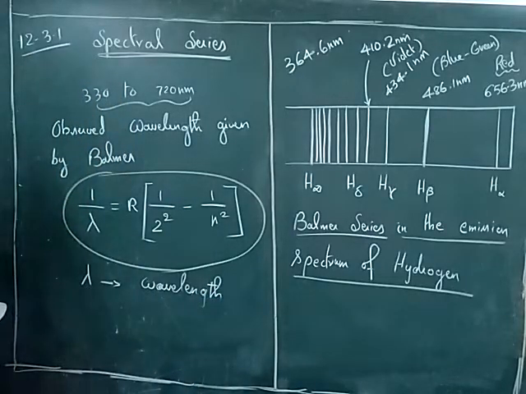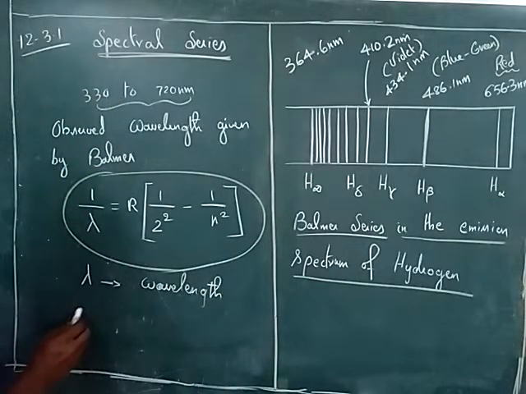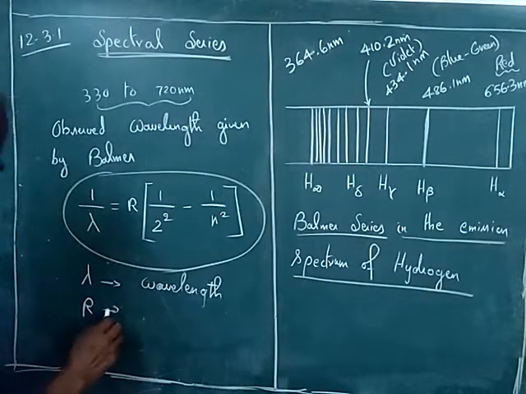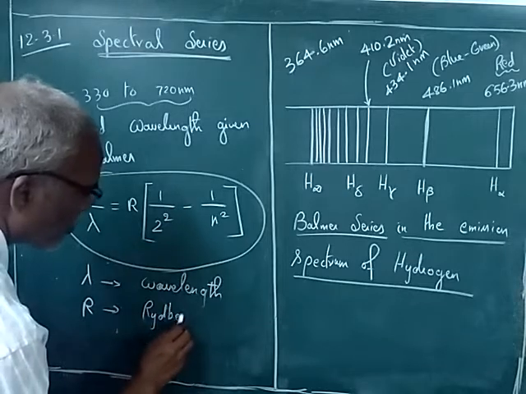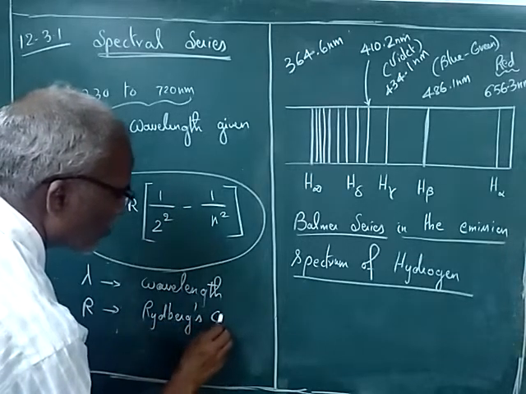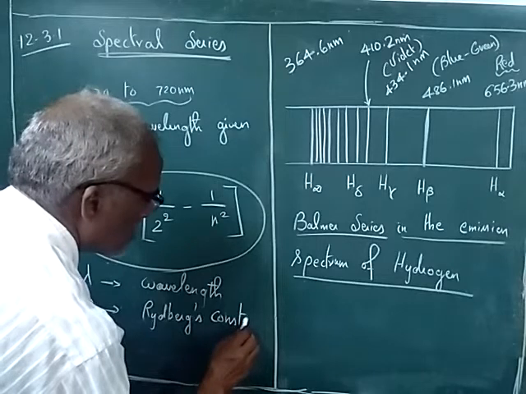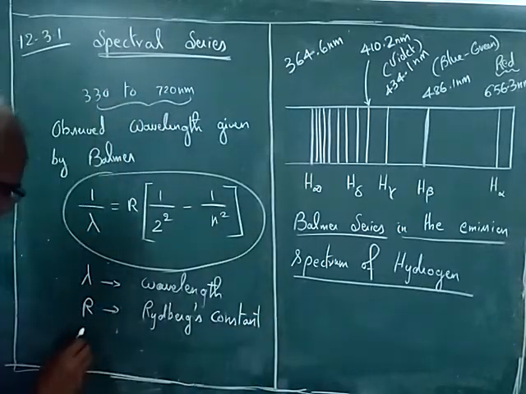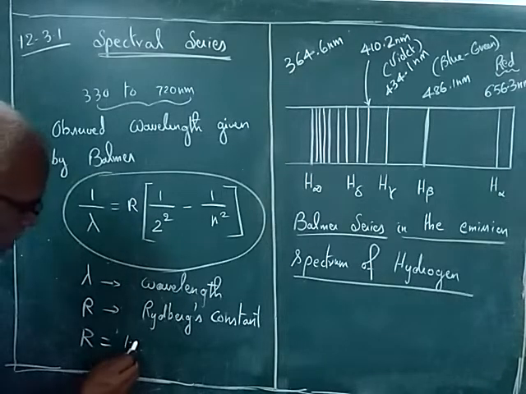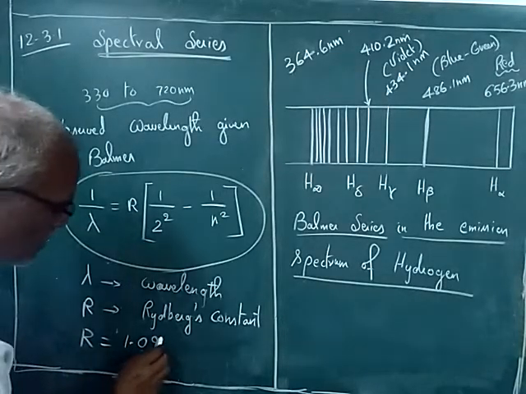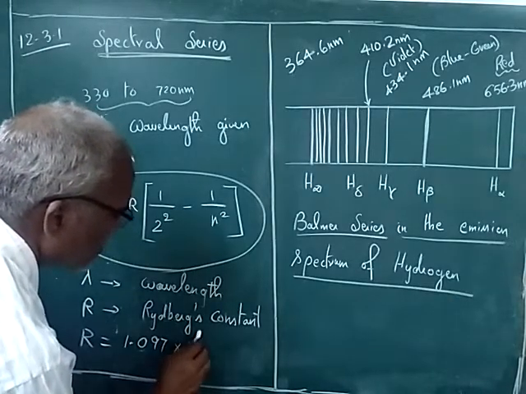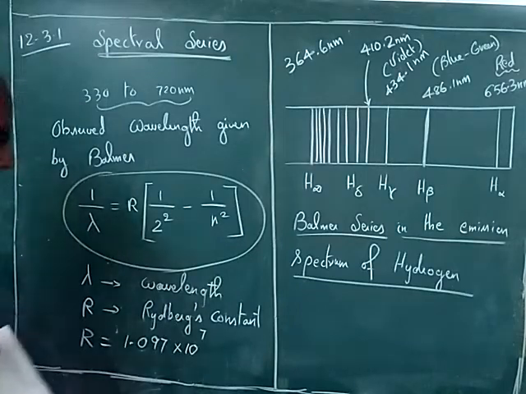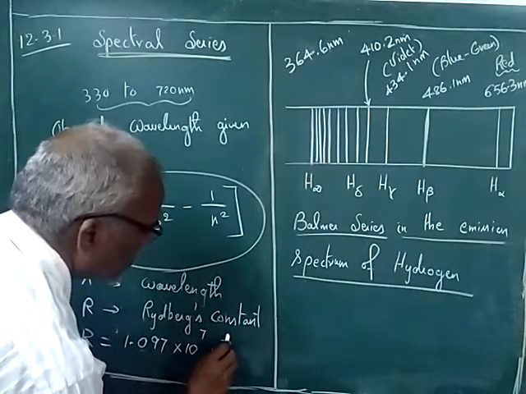R is Rydberg's constant, and the value of R is equal to 1.097 into 10 power 7 per meter, so meter power minus 1.